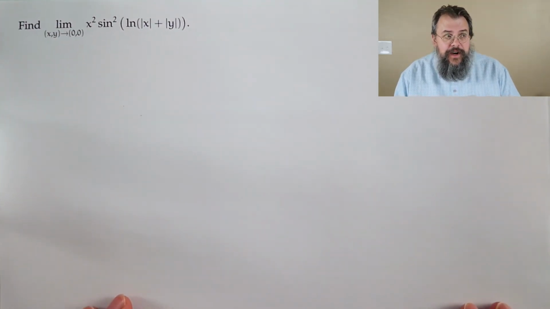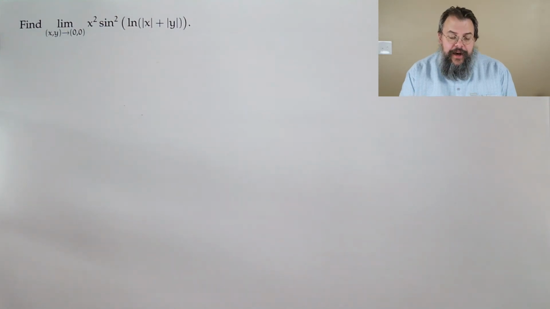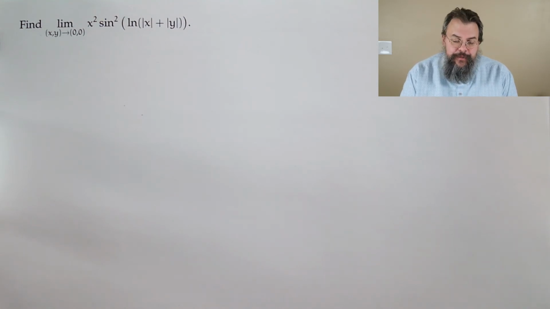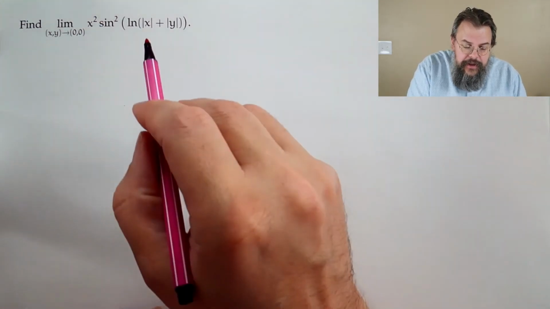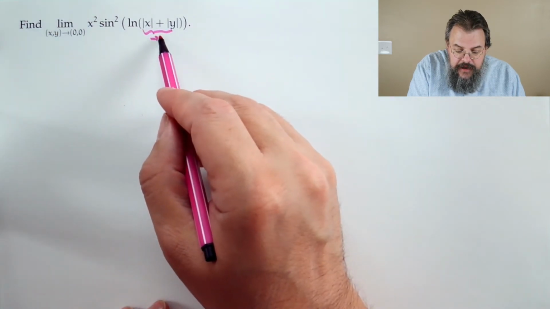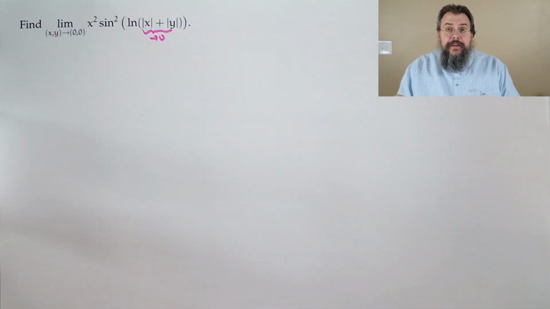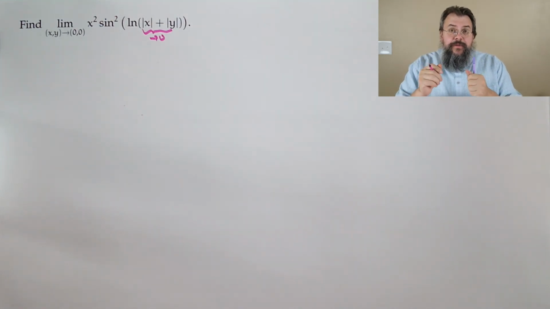So, find the limit as we go to 0, 0 again. But now, x squared sine squared of log of absolute value of x plus absolute value of y. Now, why is this getting crazy? Well, notice this piece right here is going to 0, right? Because if x goes to 0 and y goes to 0, then the size of x plus the size of y goes to 0.